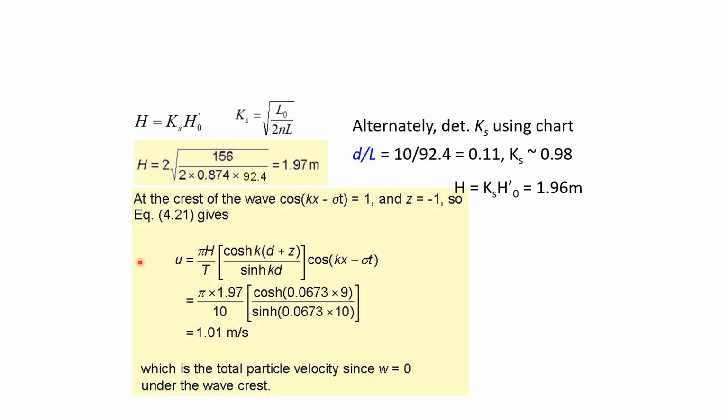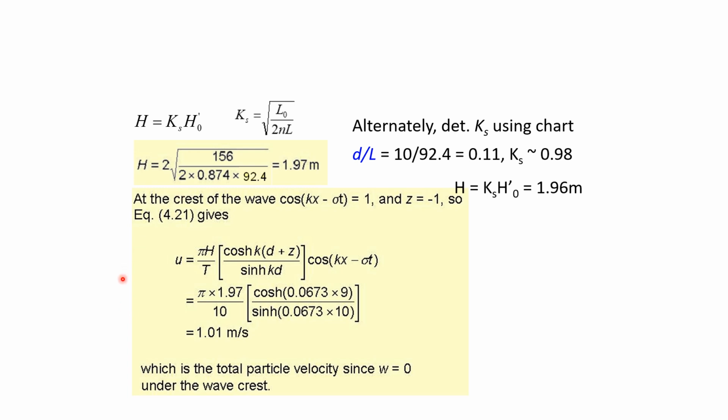Whereas for the hyperbolic term, we know d equals 10, z equals -1. That's why we have k times 9 over here, and we have k times d equals 10 over here, pi H from here, T is still 10 seconds.